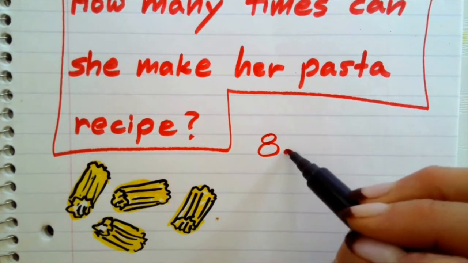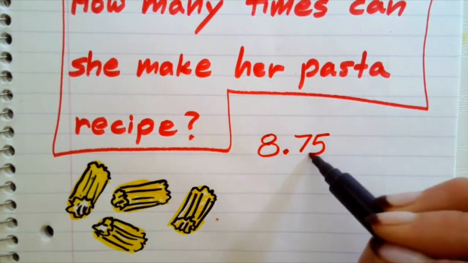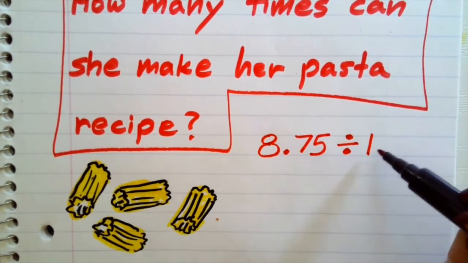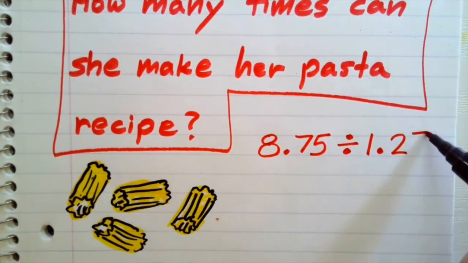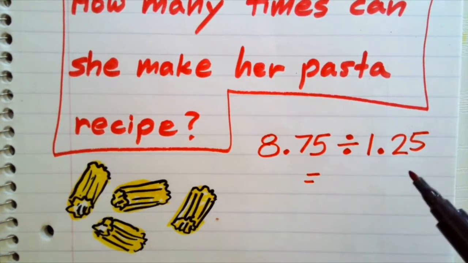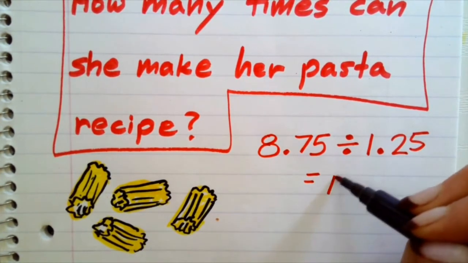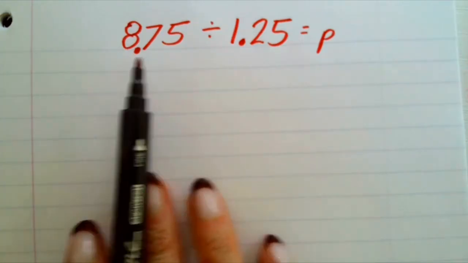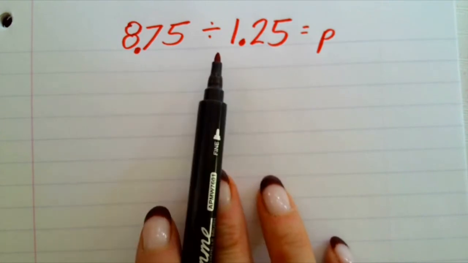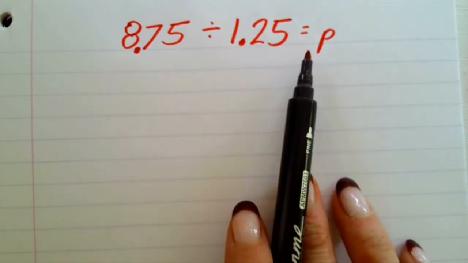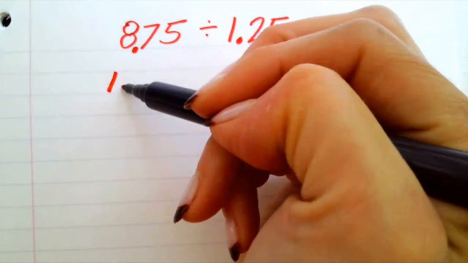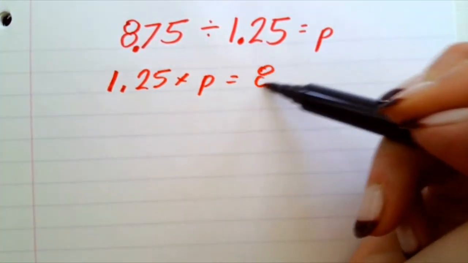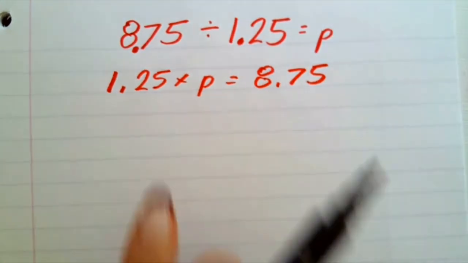We are dividing the amount she has in the pantry by the amount she takes out for each recipe. Let's use the letter P for pasta. If 8.75 divided by 1.25 equals P, that also means that 1.25 times P equals 8.75.